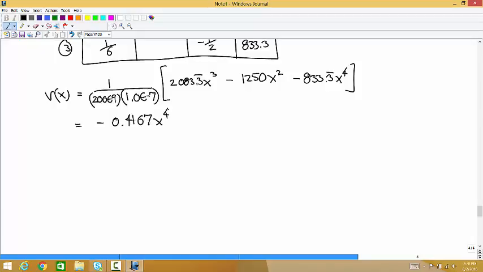X to the 4th. And then 1250 divided by 20,000 is 0.0625, that's the x squared.